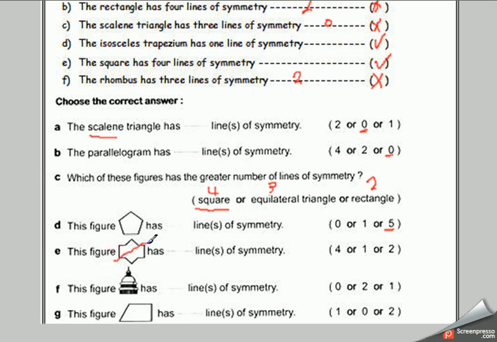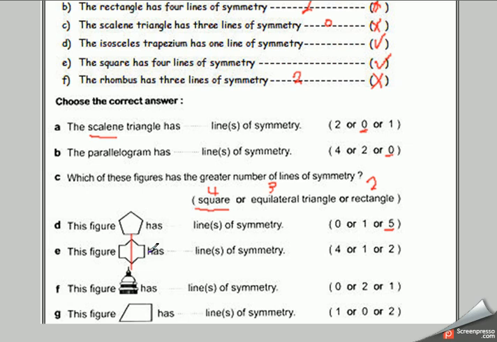If I draw this line and fold it, no, if I fold this half onto this half, it won't be the same, and it won't cover each other. Okay, can you draw a vertical line? Yes, if I fold these two parts, they will cover each other completely, so I have one.